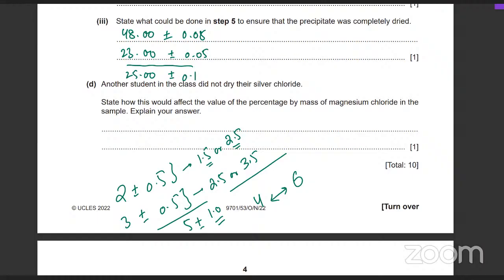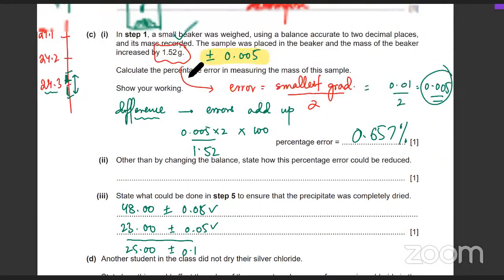It's going to be plus minus 0.1. So just remember this rule that errors in individual values will get added up if you take a difference or if you add them up. Is that clear? Yeah.